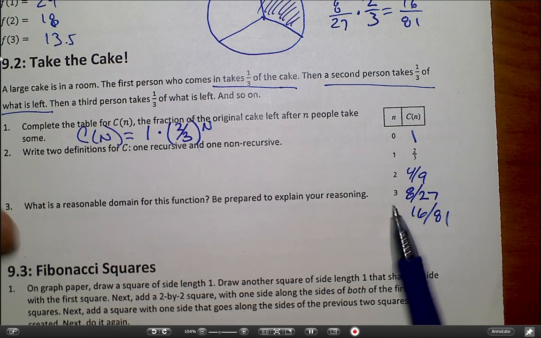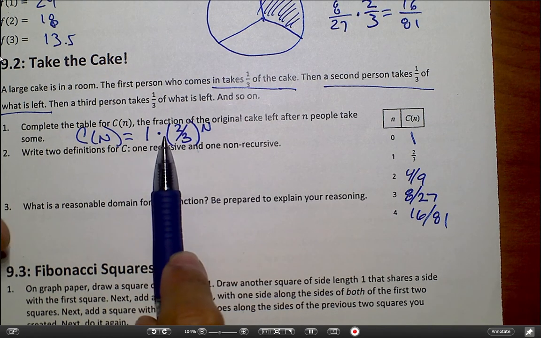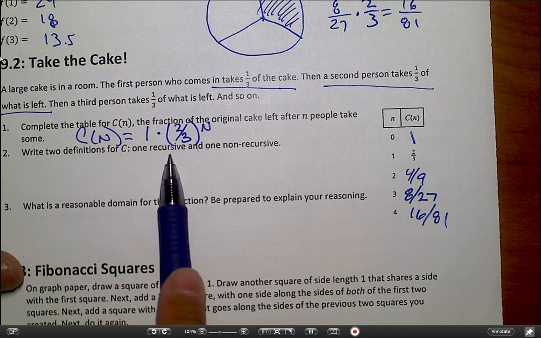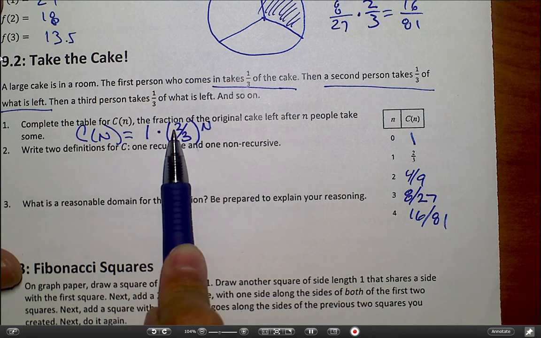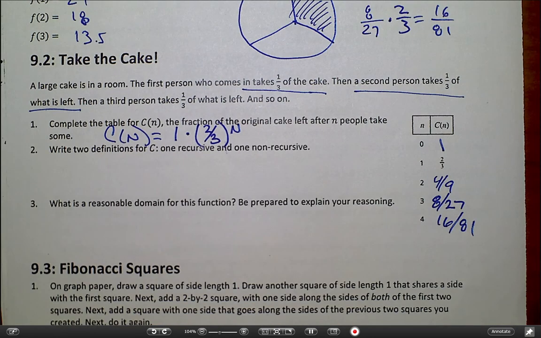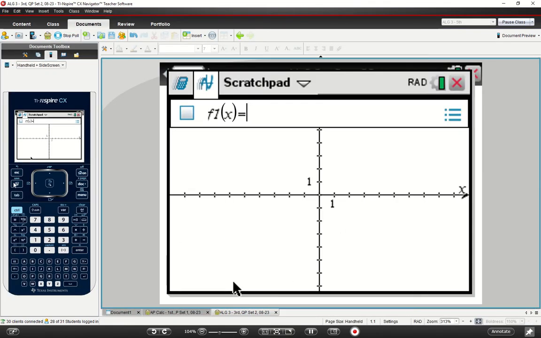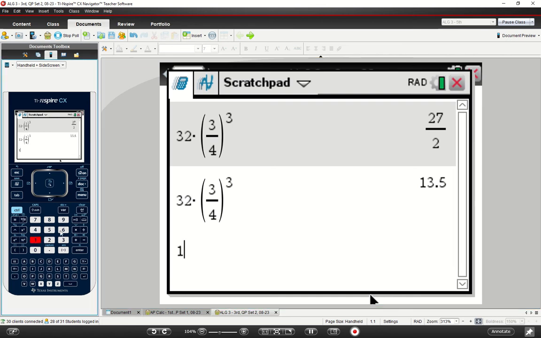So I'm going to do this in the calculator for explicit first because we did this. It says right here, write 2 definitions, 1 recursive and 1 non-recursive. So here's my non-recursive. And I'm going to show you in the calculator. So let's take a look at our calculators. So we said it was 1, right?